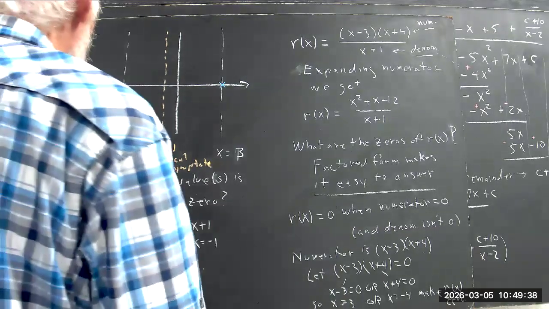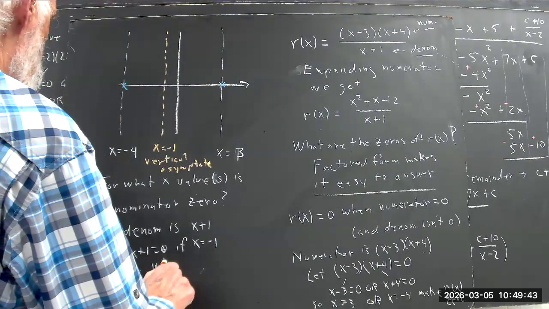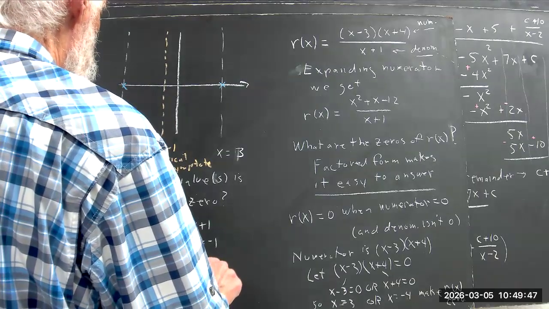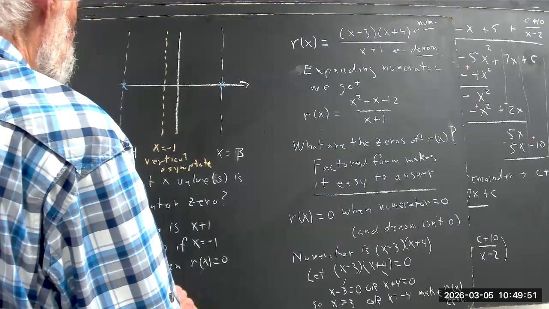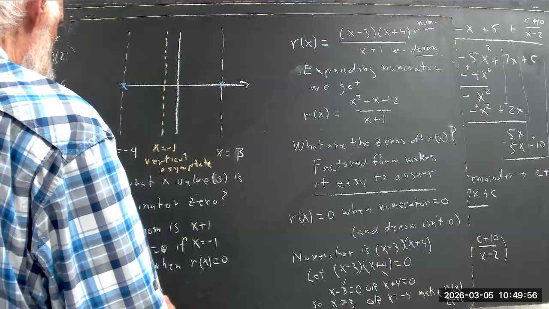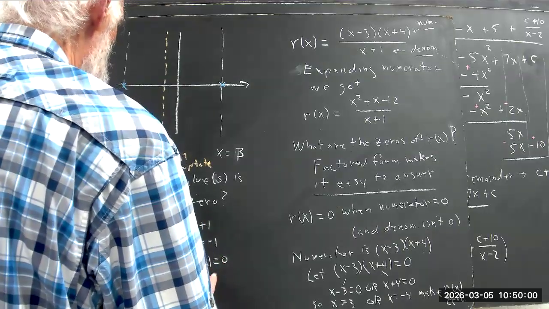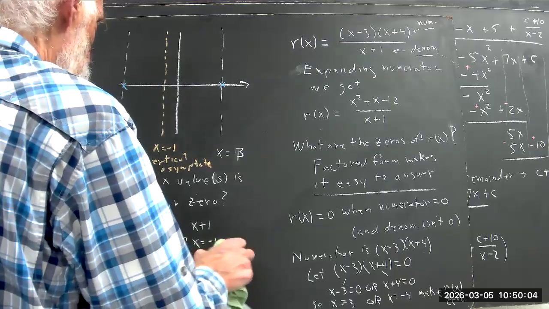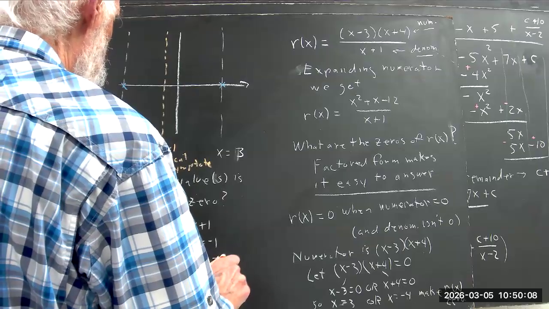The other thing we can get is the y-intercept. When x equals 0, I already figured out where r of x equals 0.